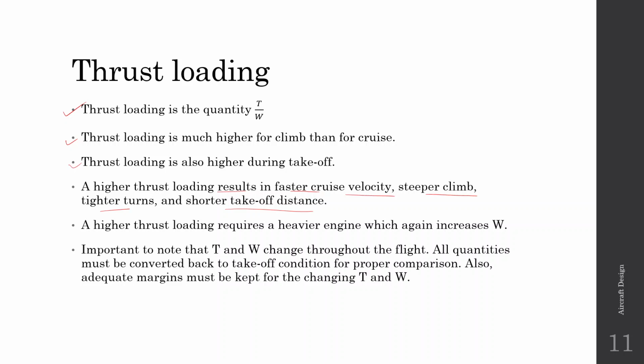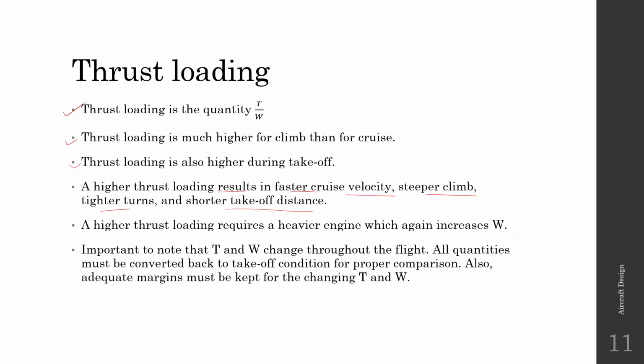You have seen that fighter aircrafts can go very fast. They can climb very fast. They can take very tight turns. And they also require a shorter runway for takeoff.